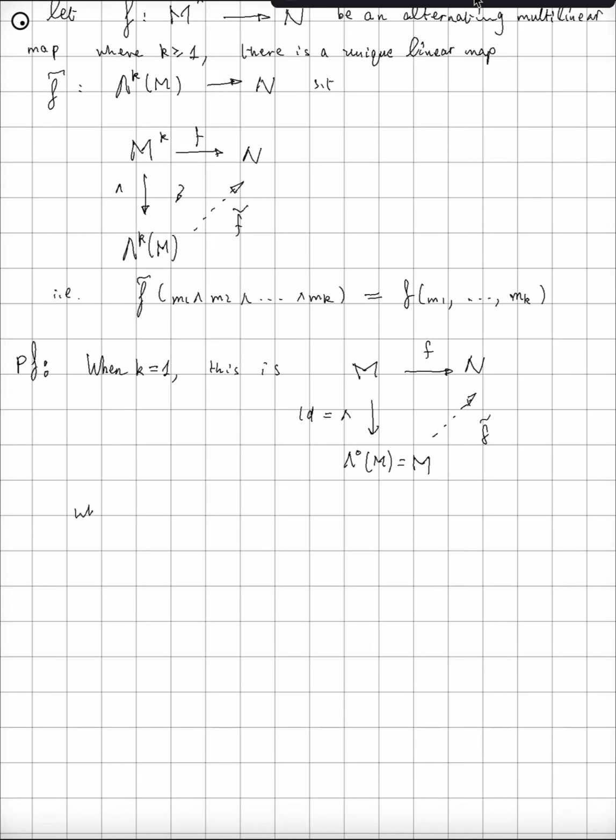So when k is bigger or equal than 2, by the universal property of tensor products, we have a multilinear map from M^k to N, and so it factorizes through the tensor product, M tensor k.